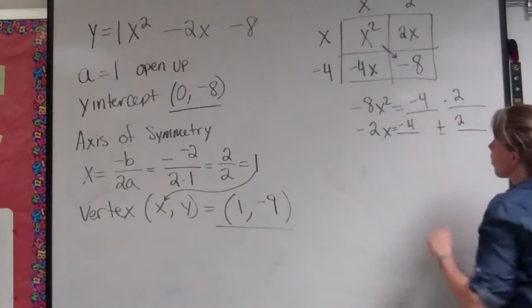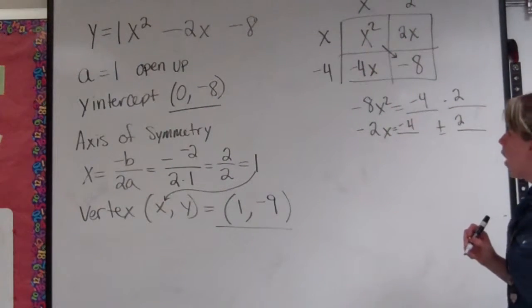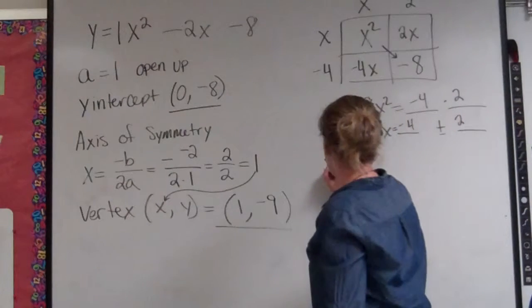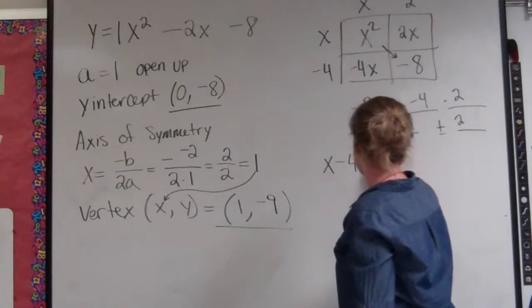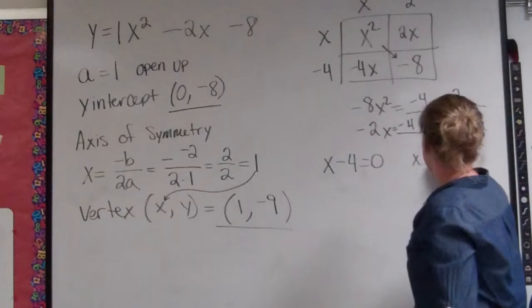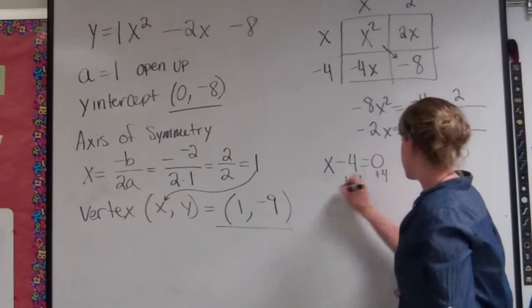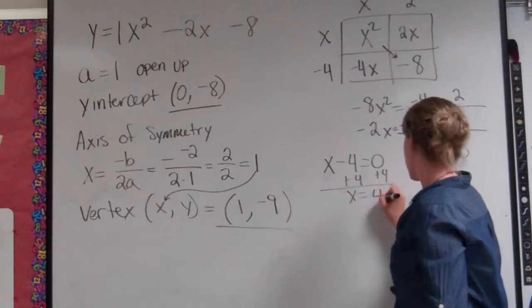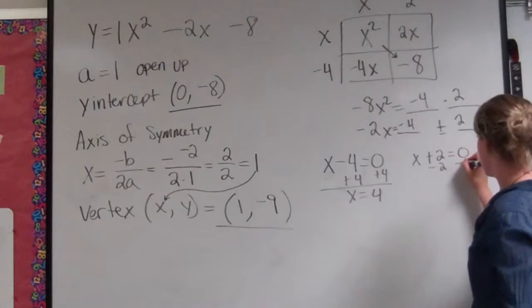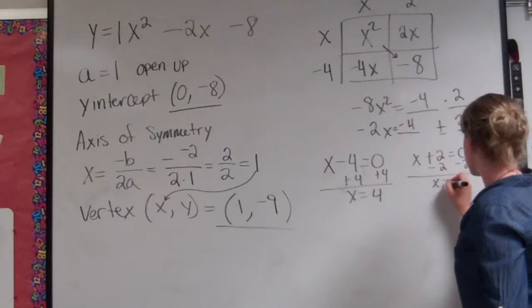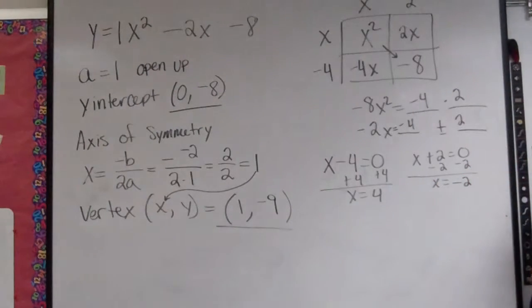You can check to make sure your box works, but in this case it does. And so we take our two factors and set them equal to 0. x minus 4 equals 0, and x plus 2 equals 0. Add 4: x equals 4. Subtract 2: x equals negative 2.